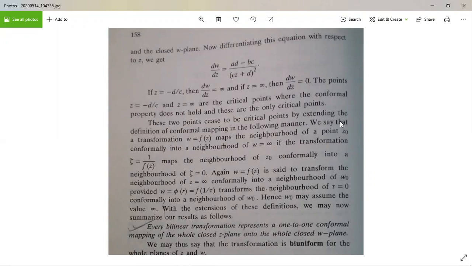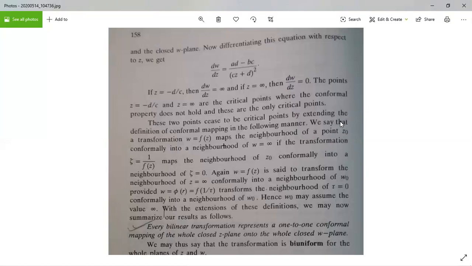With these definitions, we may now summarize the result: every bilinear transformation represents a one-to-one conformal mapping of the whole closed z plane onto the whole closed omega plane.